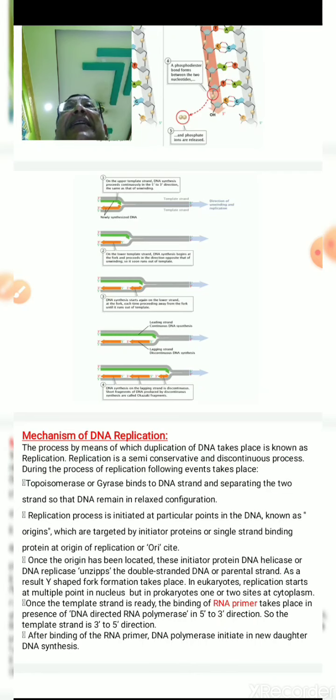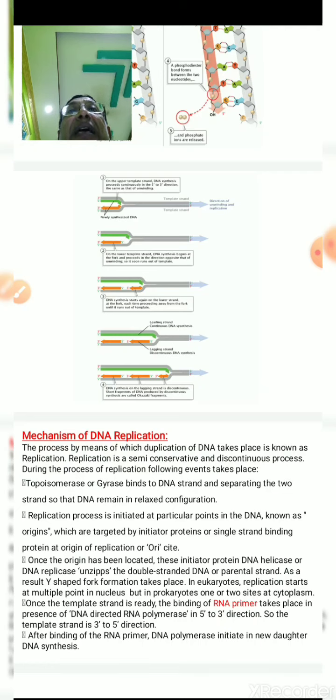In the lagging strand, DNA synthesis starts again and again, in small segments known as Okazaki fragments. Later these Okazaki fragments will be ligated by the ligating enzyme, DNA ligase. So this is the leading strand and this brown color is the lagging strand.